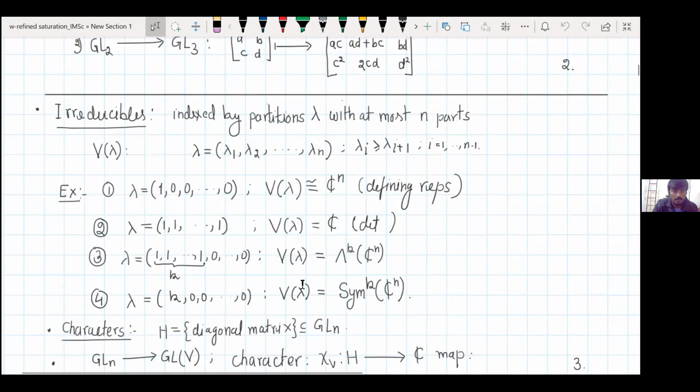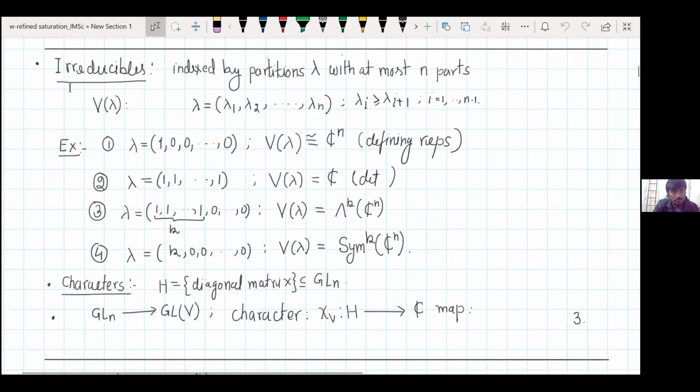And let's talk about the irreducible representations of GLN. Irreducible representations are indexed by integer partitions with at most n parts. Say the partition lambda is lambda 1, lambda 2, up to lambda n. Here are some examples. If lambda is 1 and all other parts are 0, then V lambda is the defining representation.